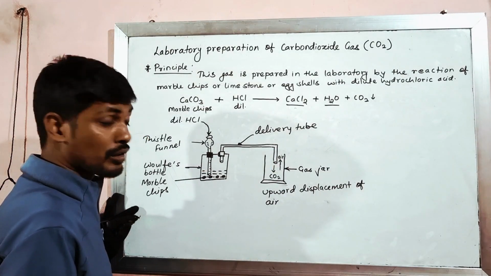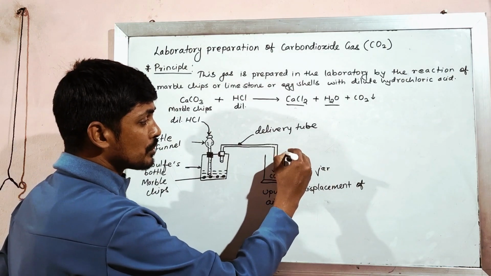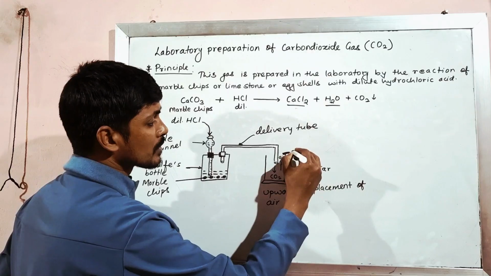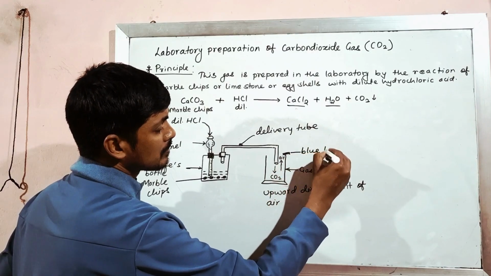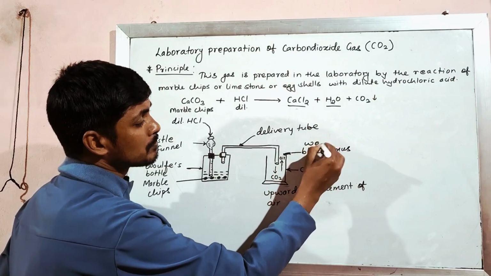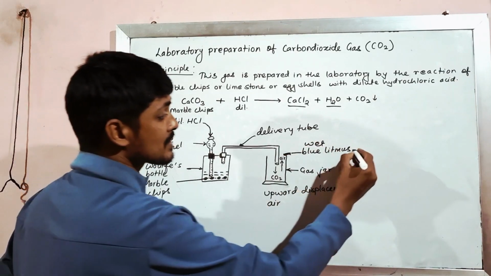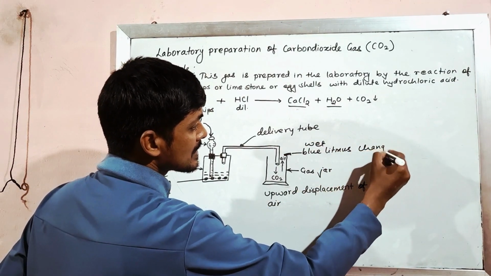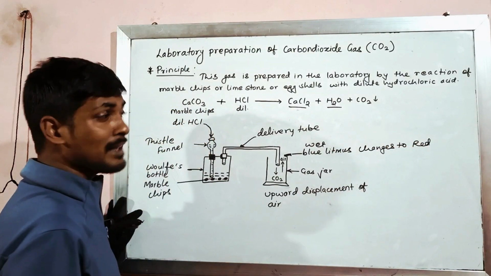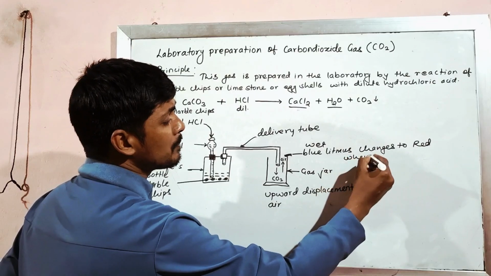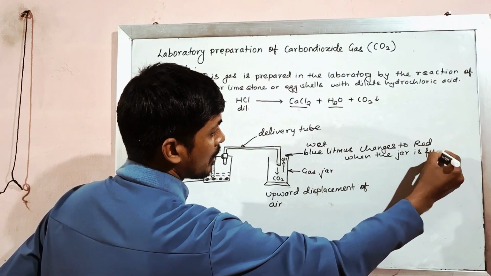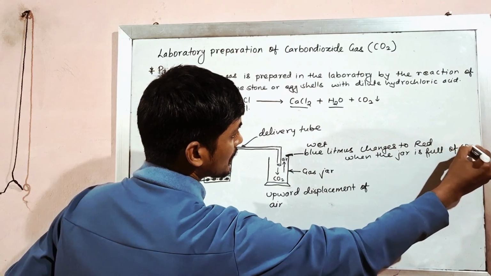To know that, we keep a wet blue litmus paper here, which changes to red when the jar is full of carbon dioxide gas.